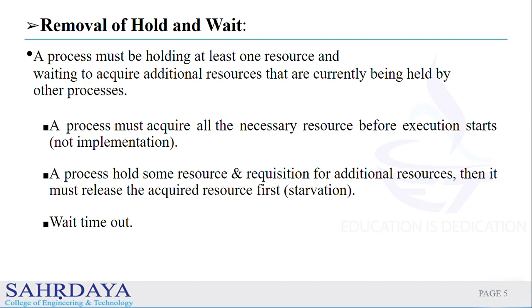If within the 10 minutes I get the printer, then I have both the laptop and the printer, and I can do my work. But if the timeout expires, then I have to release all the acquired resources, including my laptop. So there is a timeout on the wait. That is what is known as wait timeout.